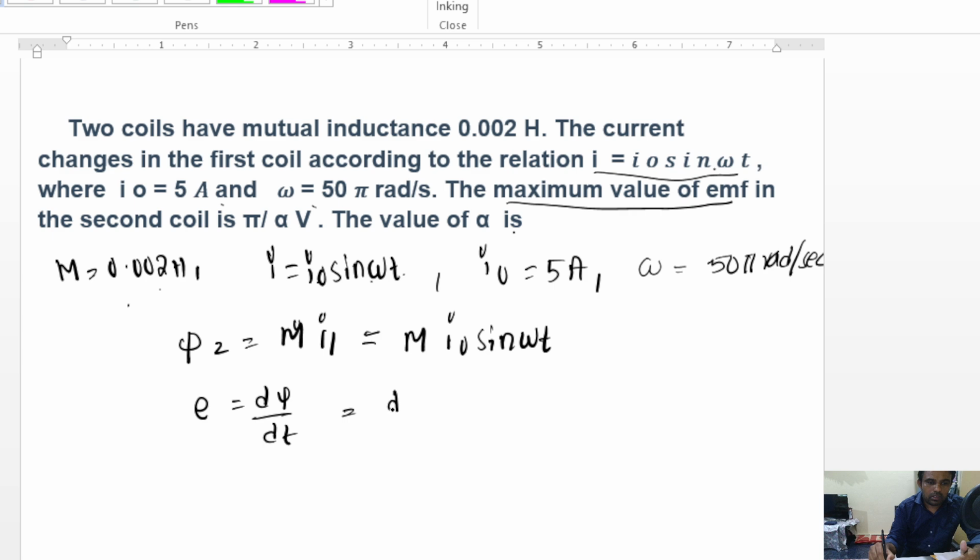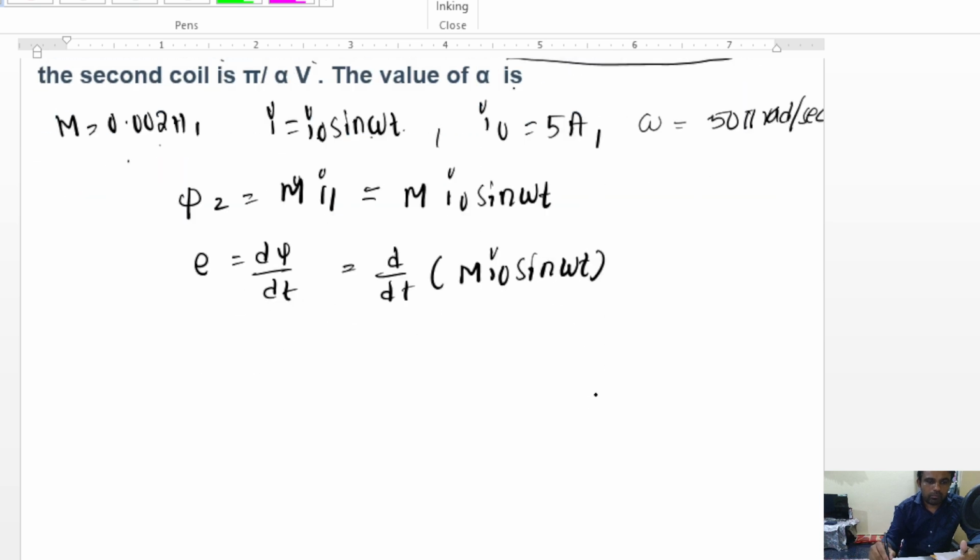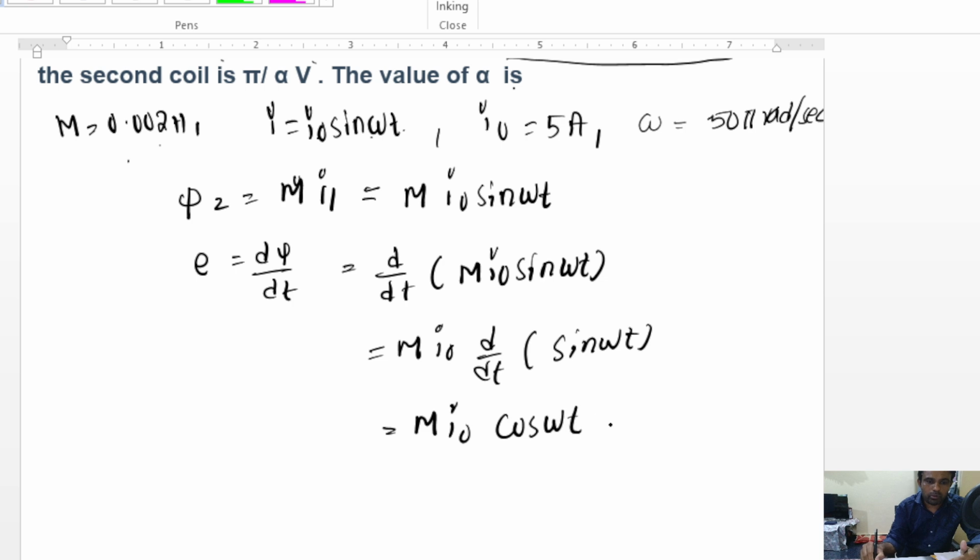So d by dt of M I0 sin omega t, where M I0 is constant. Differentiation of sin omega t is cos omega t, differentiation of omega t is omega. So it is M I0 omega cos omega t.